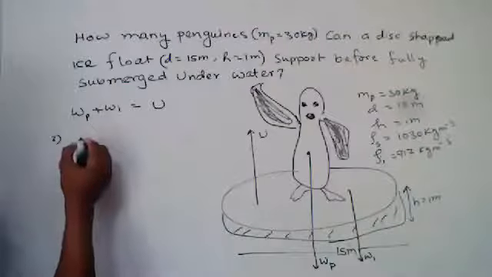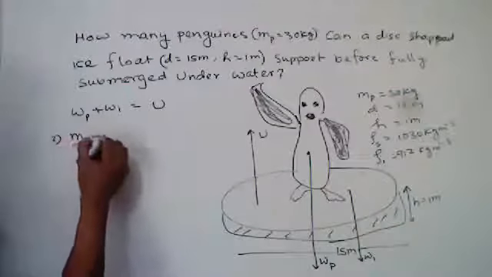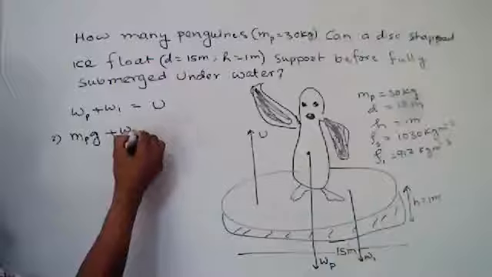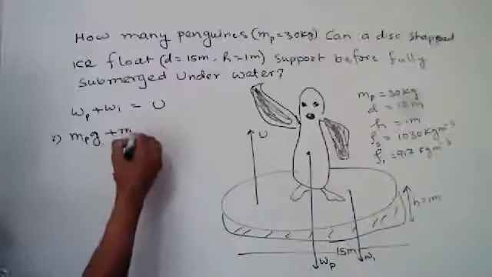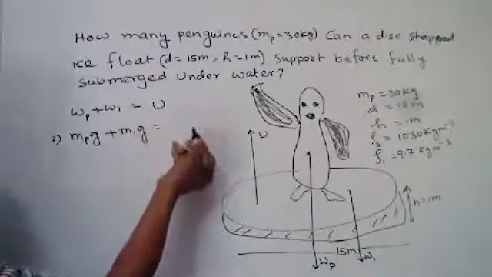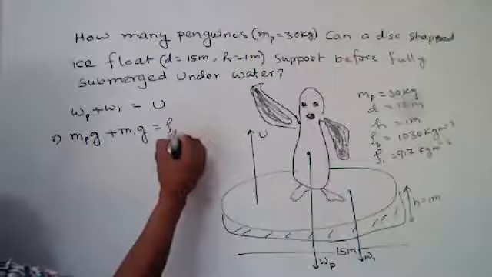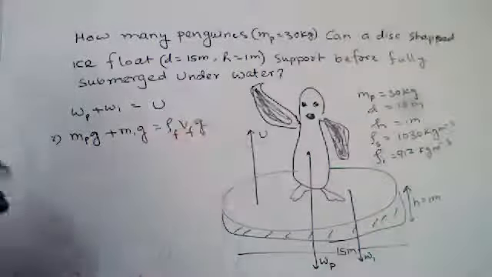Weight of the penguin means mass of the penguin into g, weight of the ice is mass of the ice into g, and the buoyancy will be rho F VF into g.